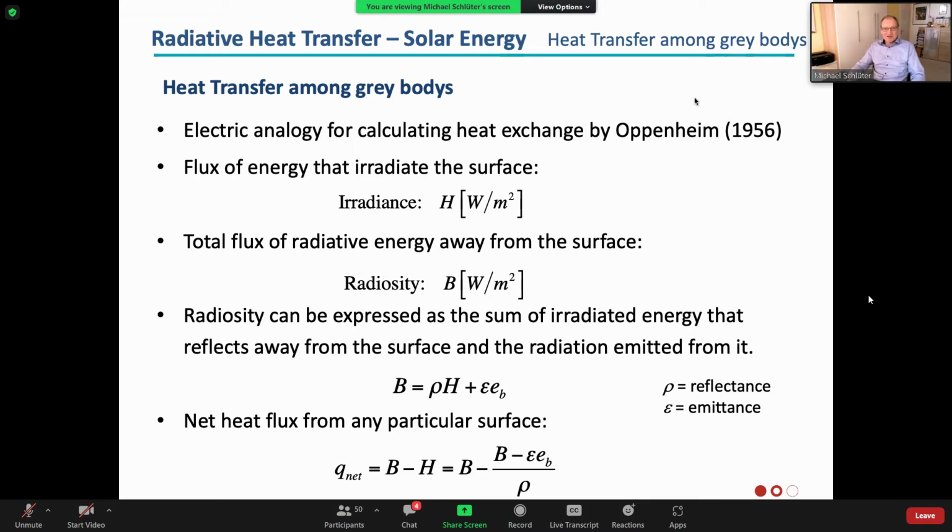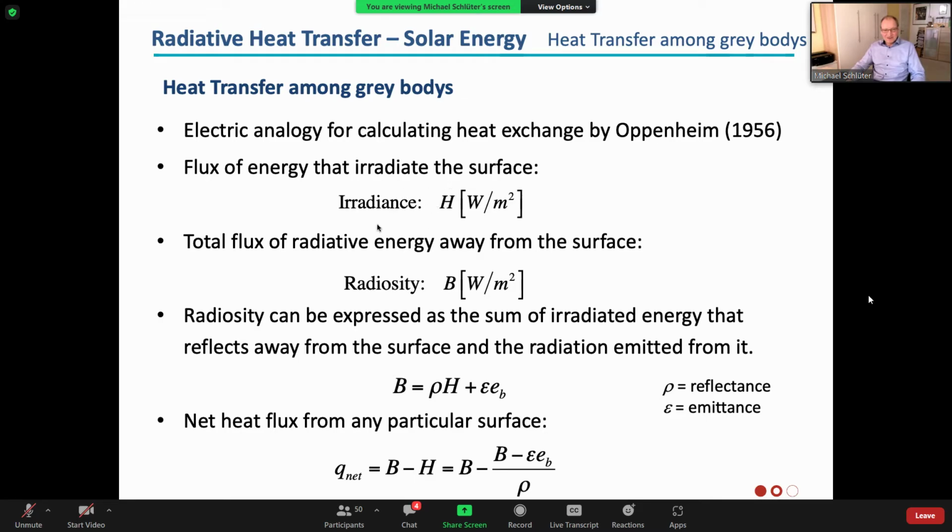So, and this has been invented by Oppenheim. Oppenheim, 1956, found this analogy between electric circuits and heat transfer by radiation. And so Oppenheim first defined this flux of energy that irradiates the surface.